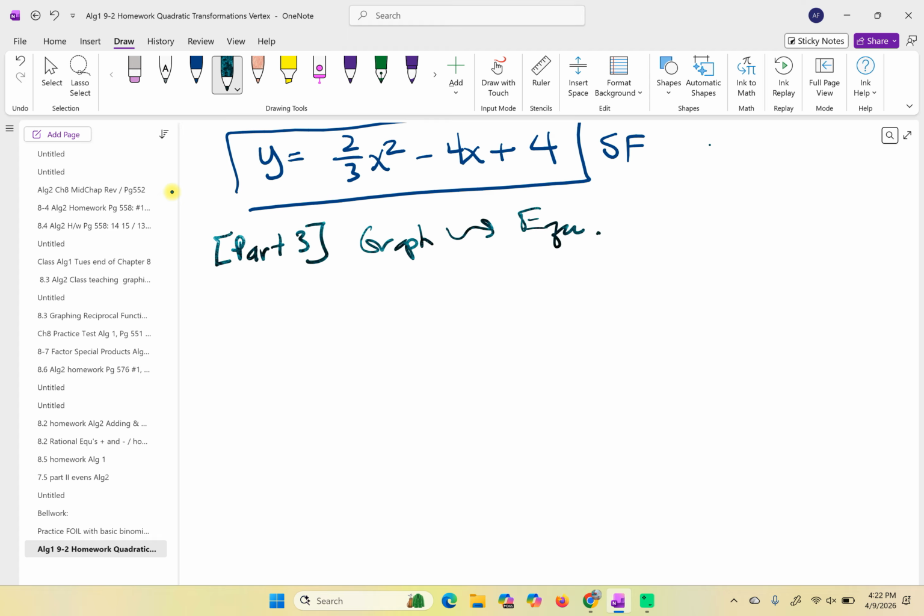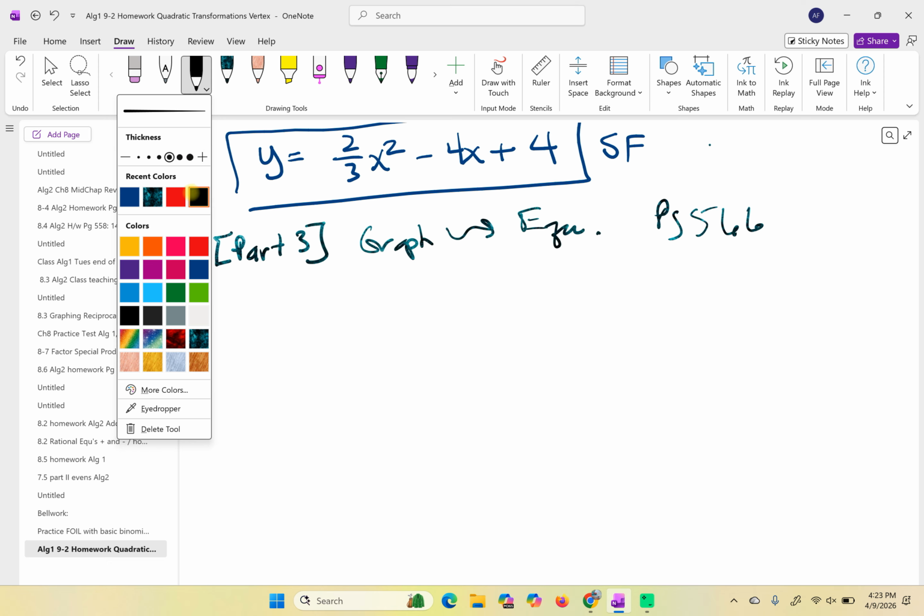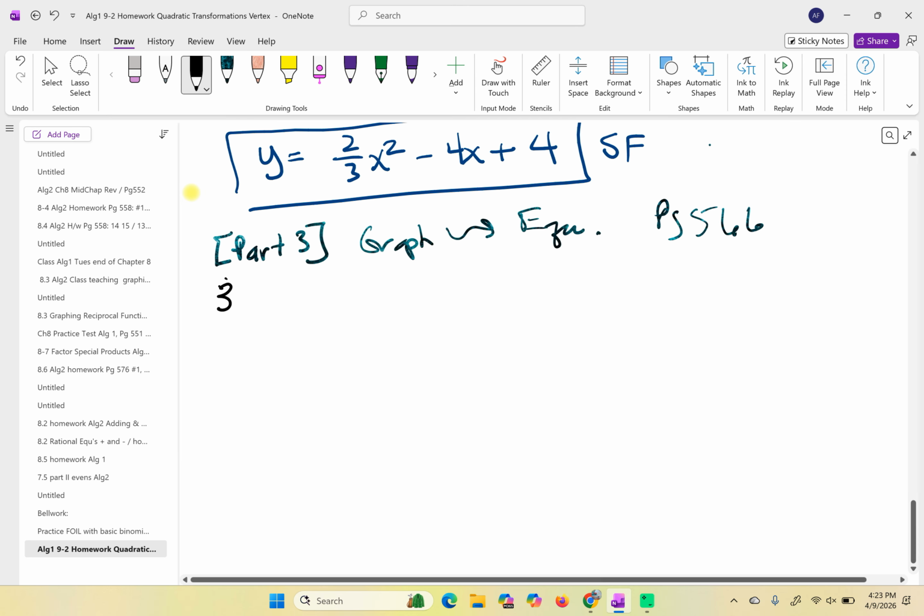We did this in class, and it's the same thing as we just did, except we're going to look at the graph to figure out what the points are. So, page 566 in your textbook, and start with number 31.